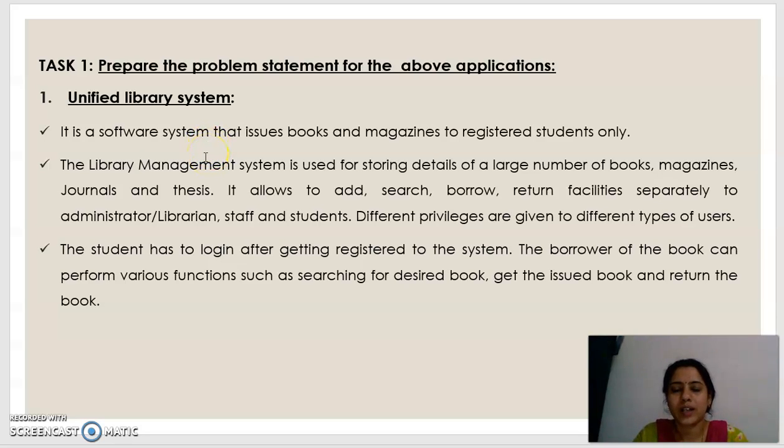While logging in, if you enter the correct credentials, then you should be successful. Otherwise a failure message should be displayed on the board. Once you successfully log into the system, there are a few things: you can search for some book, or you can add some book, or you can borrow some book, or you can return some books to the library.